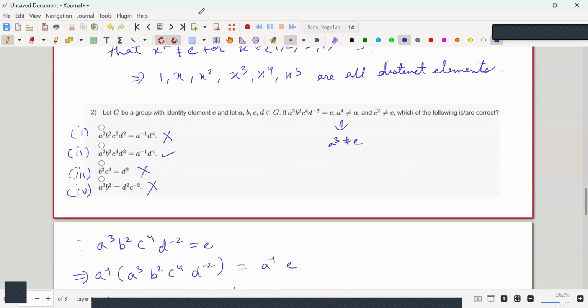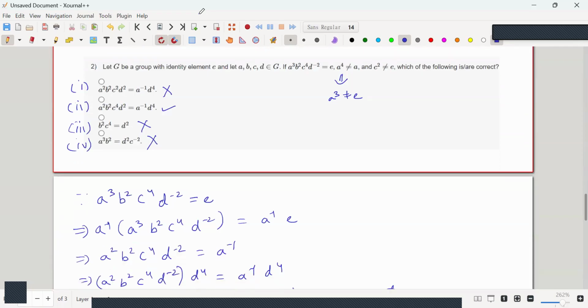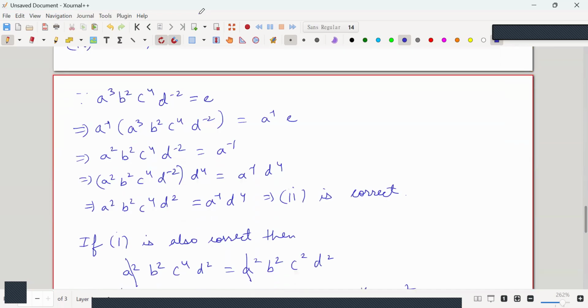Okay, so any doubt till now? You can see this solution for some seconds, and if any doubt is there, then let me know. Otherwise, we will move to the next one.